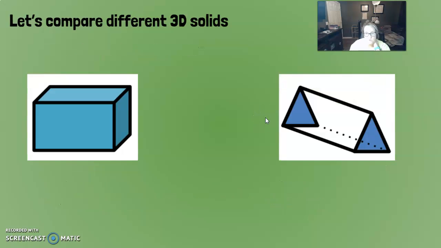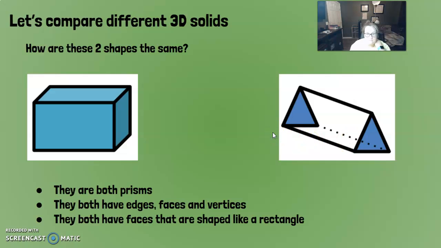Okay, let's look at these 2 shapes. What are the names of these 2 shapes? That's right, this is a rectangular prism. This is a triangular prism. How are these 2 prisms the same? Well, they're both prisms.